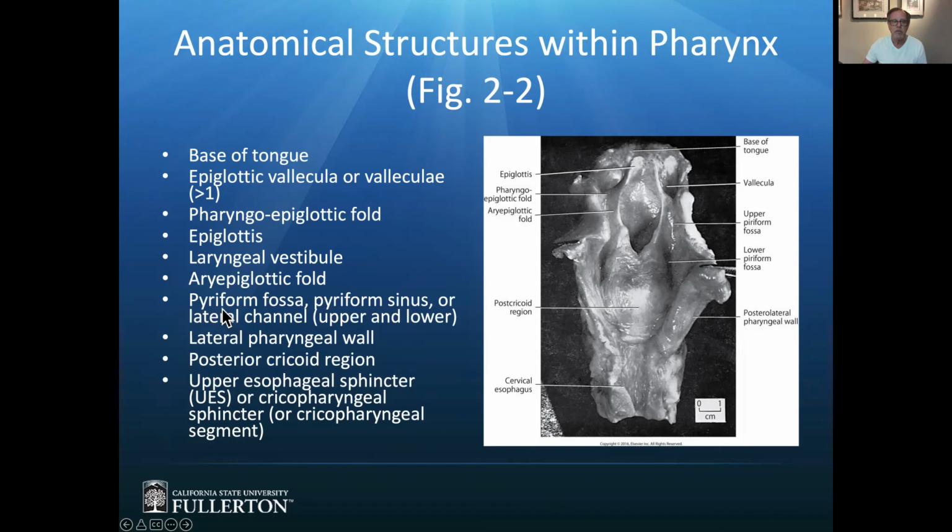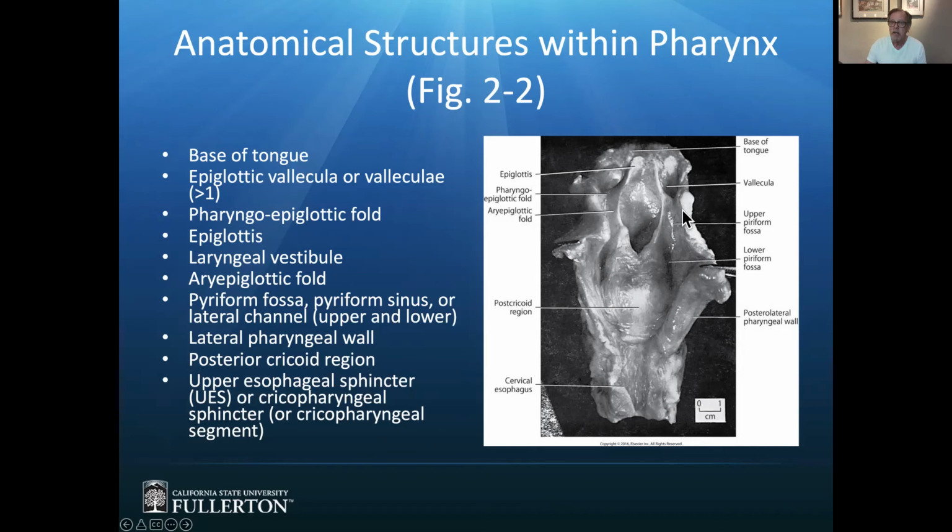It's often referred to as the piriform fossa or piriform sinus. You have two of them, so those would actually be the piriform sinuses. Just add an ES, and you've got one on the right, one on the left. The structures that make up that fossa or channel are the aryepiglottic folds and the lateral walls of the pharynx.